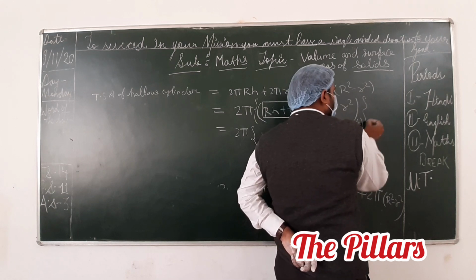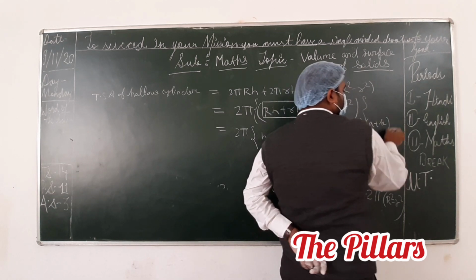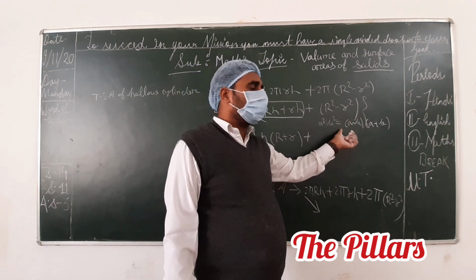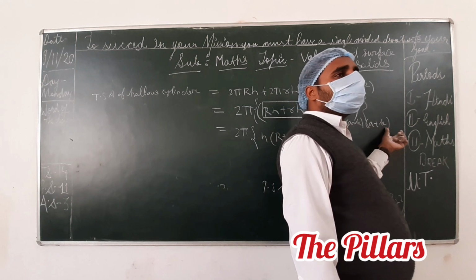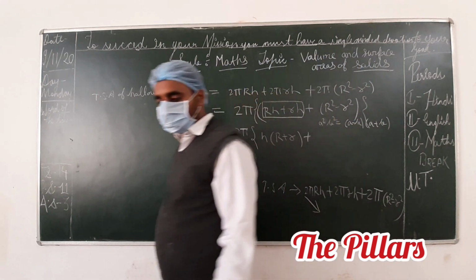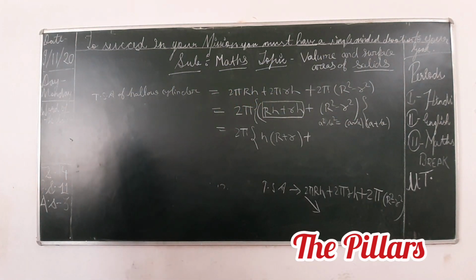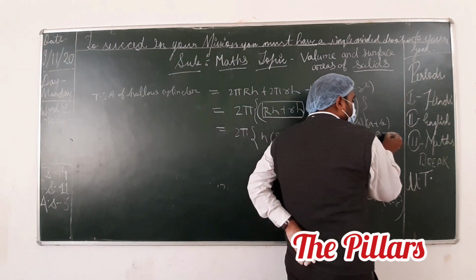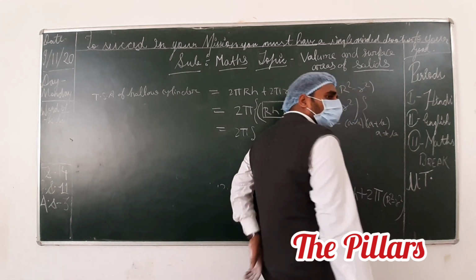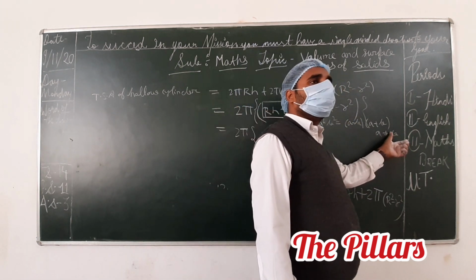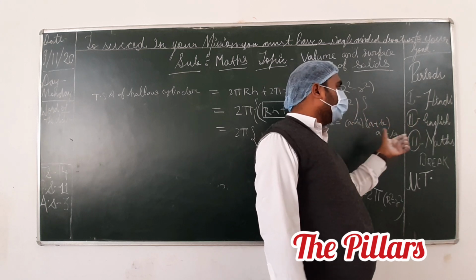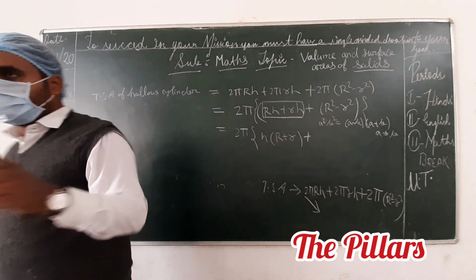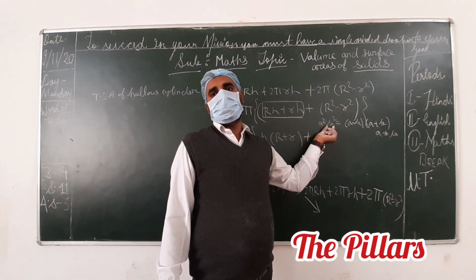So tell me, in this formula A square minus B square equals A minus B into A plus B, is there any condition? We apply this formula only when A is not equal to B. If A equals B, then we will never apply this formula, because the result is 0.